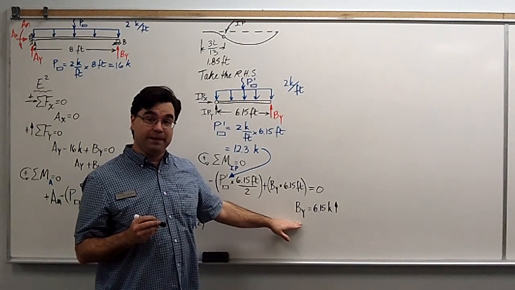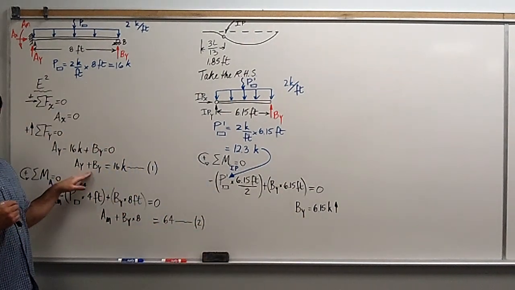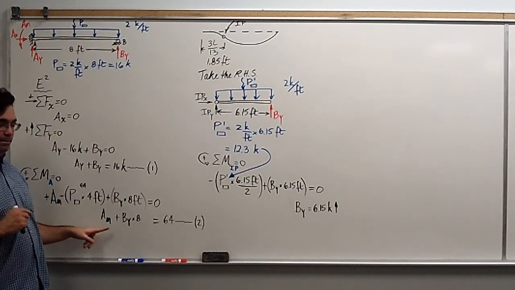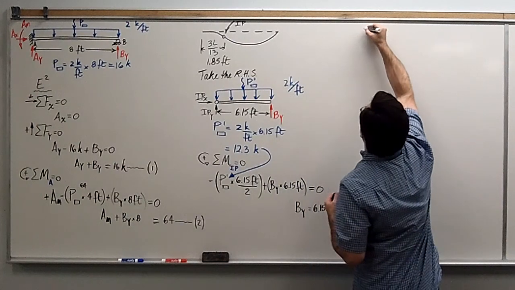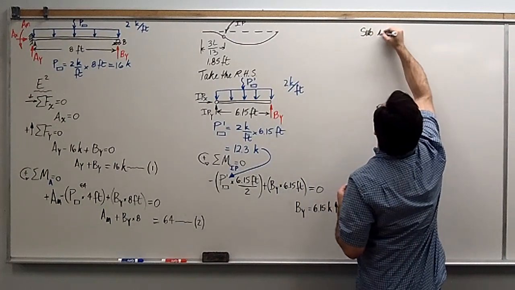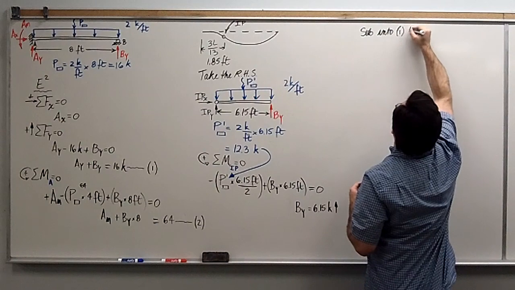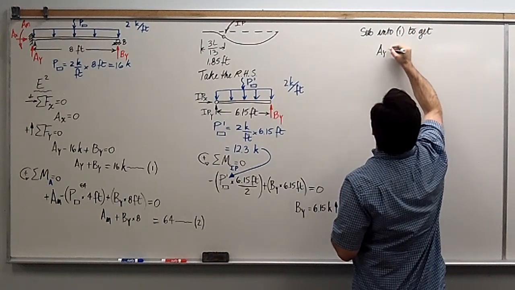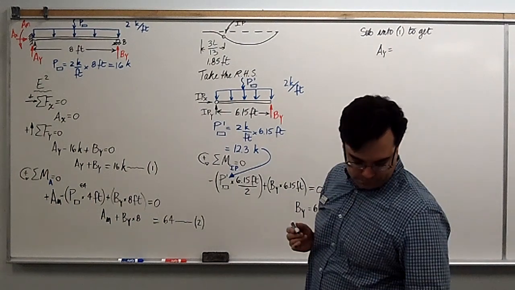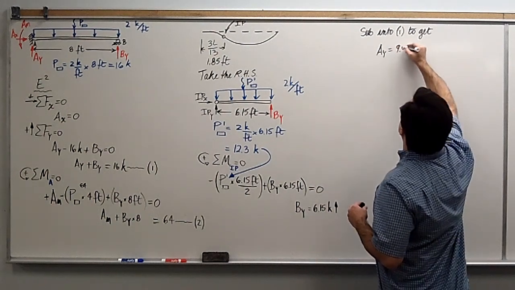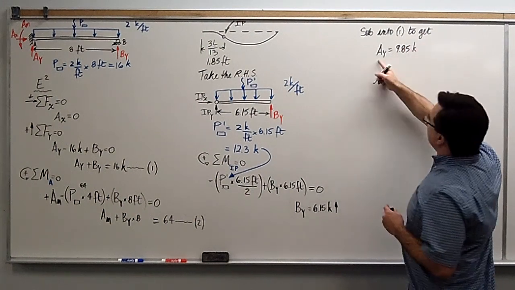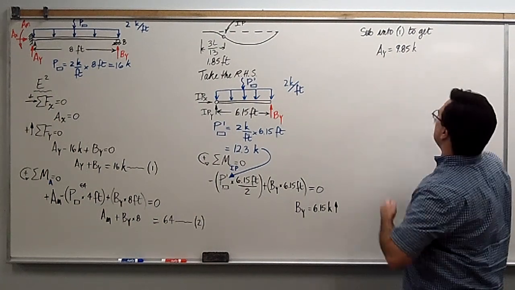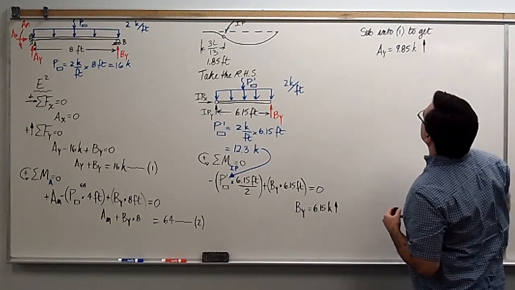Now that we have By, we can substitute into 1, then in 2 to get Ay and a moment at A. Let's do that. So we get that Ay equals 9.85. And because it's positive, it's the same direction that I guessed, therefore up.